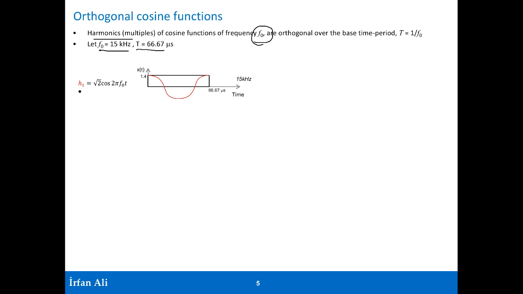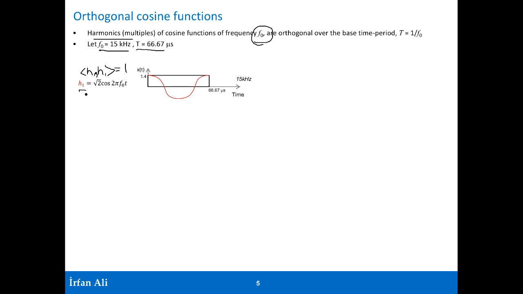You consider this as your base harmonic that you're sending. The reason we have taken a square root of 2 is that the energy in this signal is equal to 1 with the square root of 2. Otherwise, if you take the amplitude to be 1, the energy comes out to be 0.5, and we just wanted to normalize it.